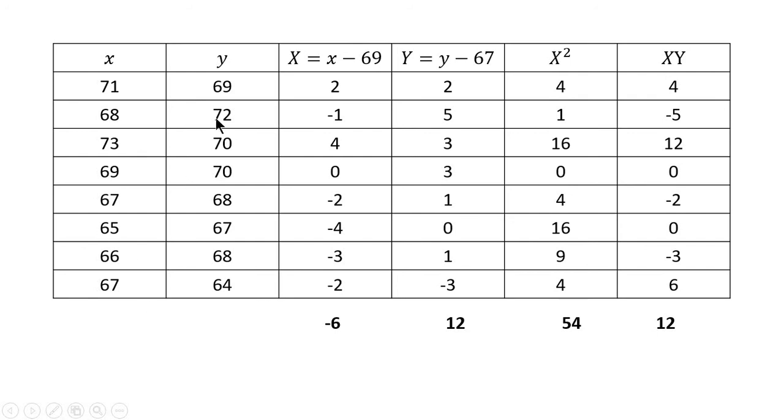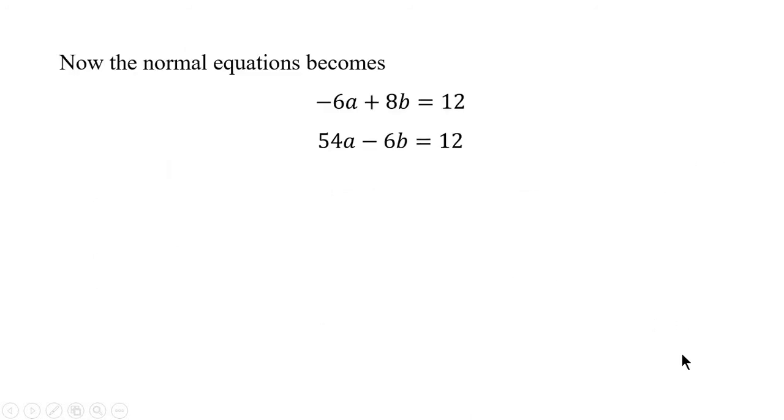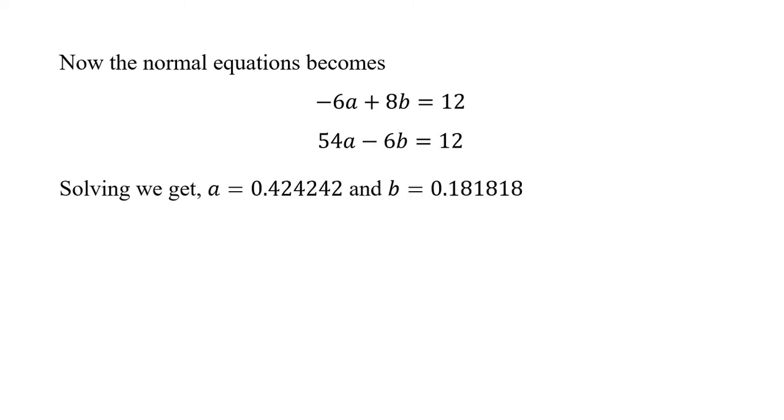Now these are the old values of x and y. These are the new values of capital X and capital Y. So find out sigma capital X, sigma capital Y, sigma capital X square and sigma capital XY. Use these values in the normal equations and use your calculator to find out the values of a and b.